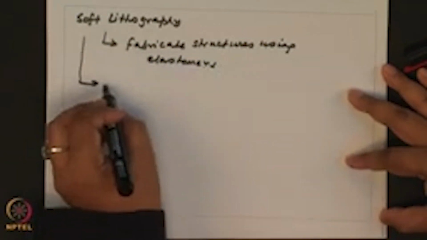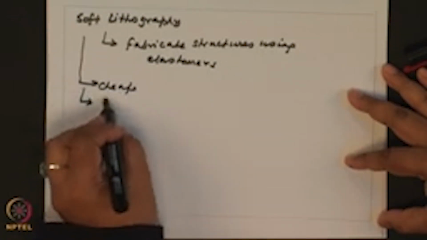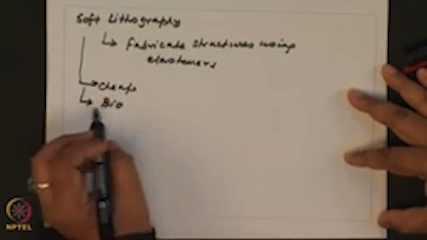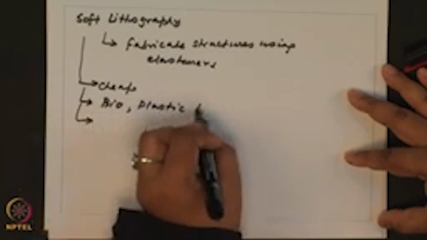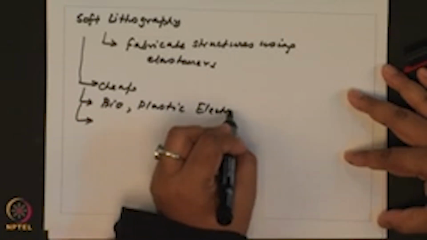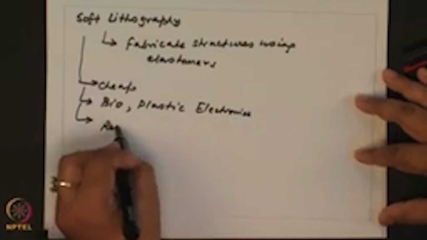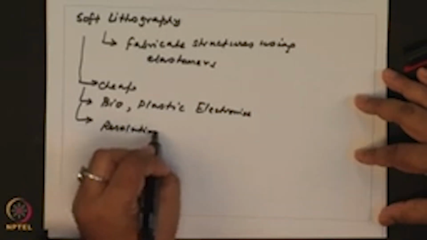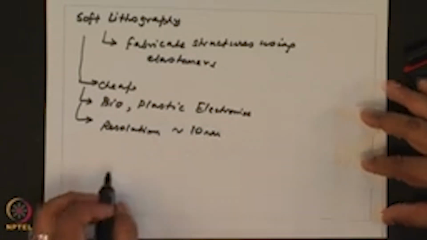This technique is cheap and it is well suited for bio applications. It also has applications in plastic electronics. And you can reach resolution up to the order of 10 nanometers.